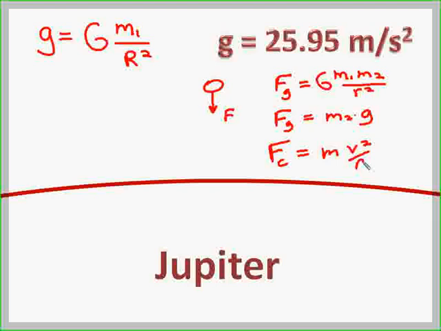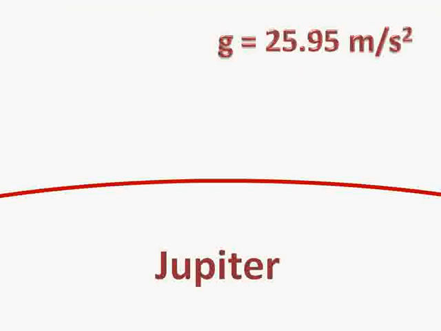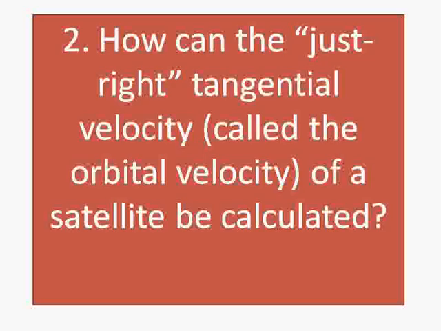Now, solving for the acceleration due to gravity, baby g, that's one thing you can get. But you know what? You can also get the tangential velocity. You could solve for v. So that's the second part of lesson 9. Oh, there's more.